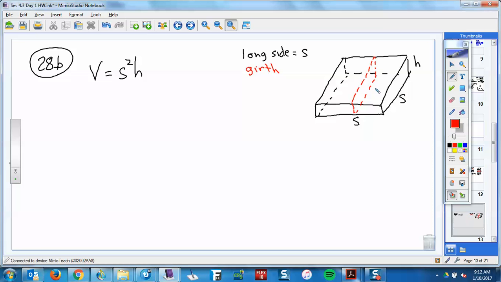So how much is that? 2s plus 2h would be your girth. So the long side plus the girth has to equal 108. So that's going to be 3s plus 2h equals 108.